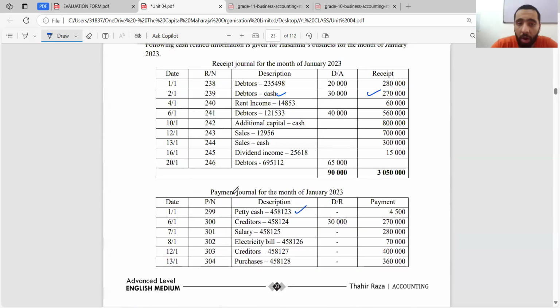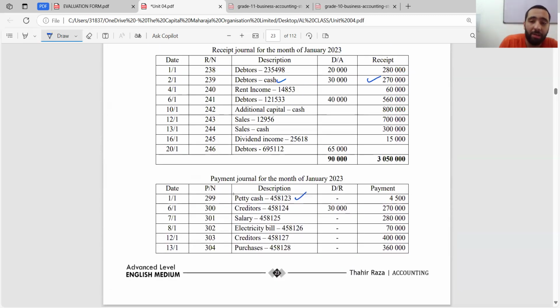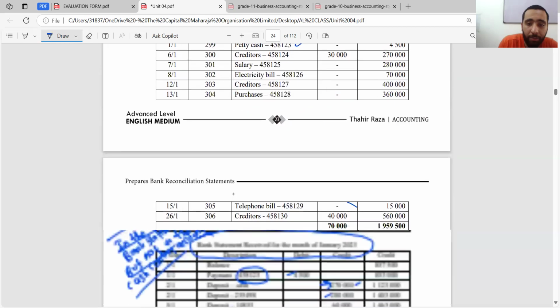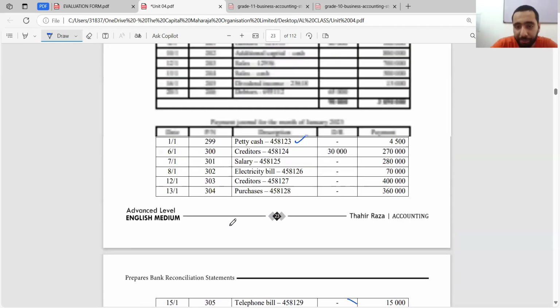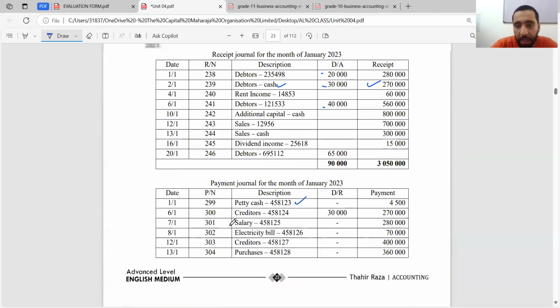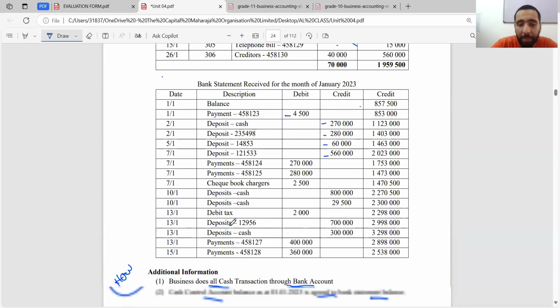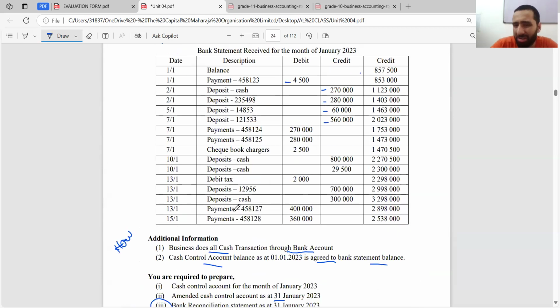These 20, 30, 40, are these available in the bank statement or not? I'm not going to give you time, because this is just a basic question.